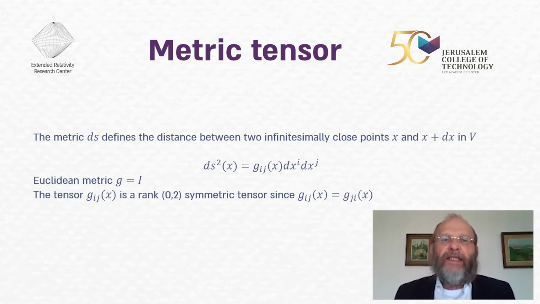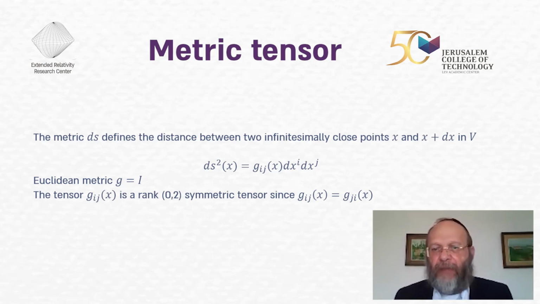So why can the metric be assumed symmetric? We want to describe the metric in the most compact way. In this sum, you get two terms, dx^i and dx^j for the two indices, in different order, but the product is the same. So everything will be the sum g_ij dx^i dx^j plus g_ji dx^j dx^i.